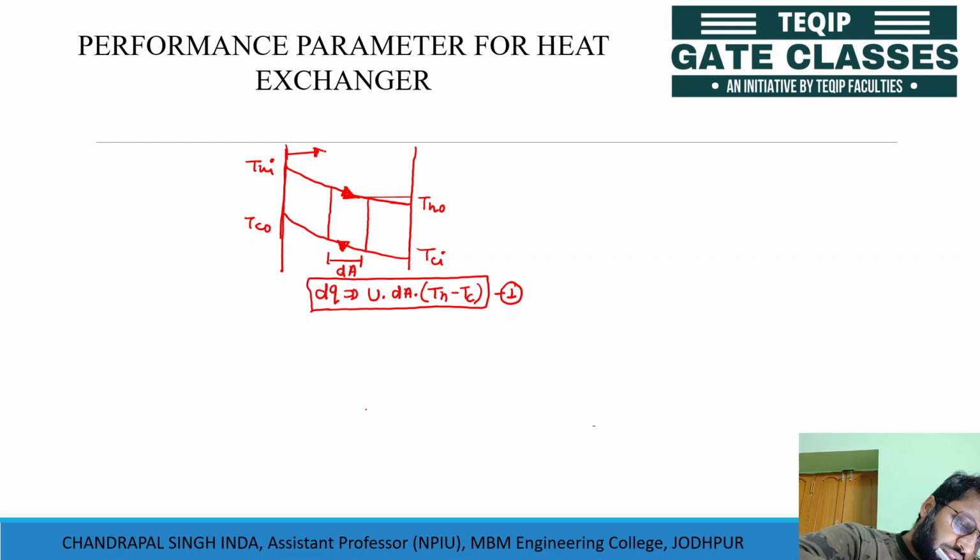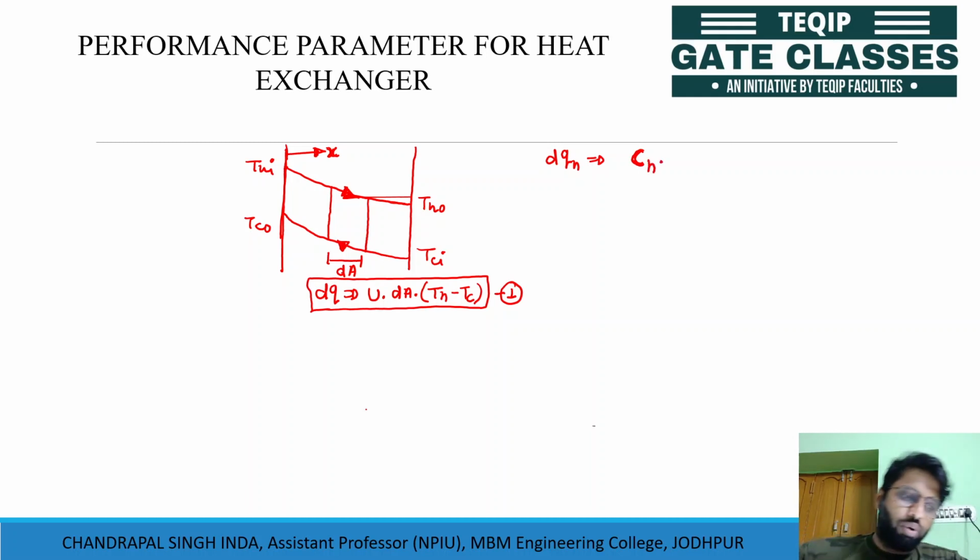and I am considering the direction x for the analysis, and in this direction we can find the value of heat transfer across the hot fluid and the cold fluid. So the value of heat transfer for the hot fluid in this direction, that will be equal to the heat storage capacity of the hot fluid, which is product of mass flow rate of the hot fluid multiplied by specific heat of the hot fluid at constant pressure.